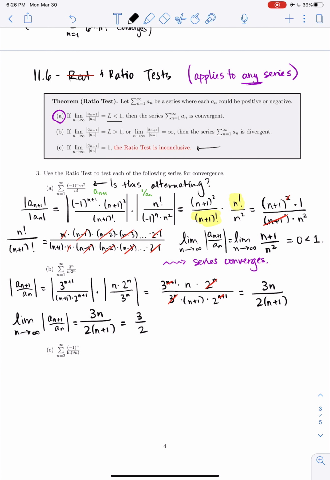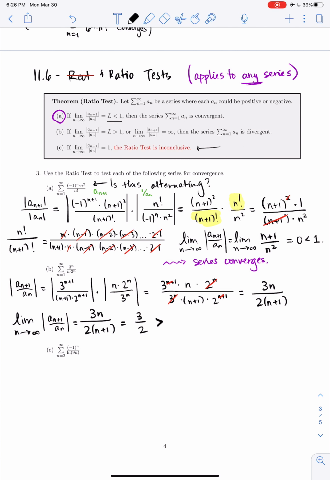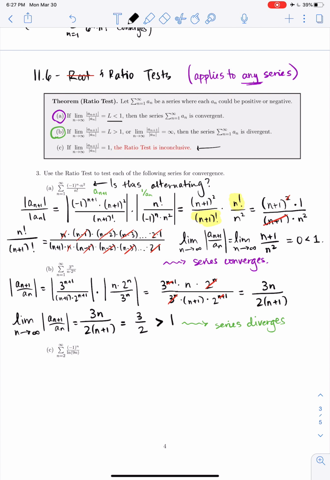Now, what we care about is if this is bigger than or less than 1. It is bigger than 1, so by part B of the ratio test, you know that this series diverges. As you go down the line, the next term in the series in magnitude is larger than the previous term. So this thing is not whittling down to some finite value. It's going to get larger and larger. All right, so the series diverges.